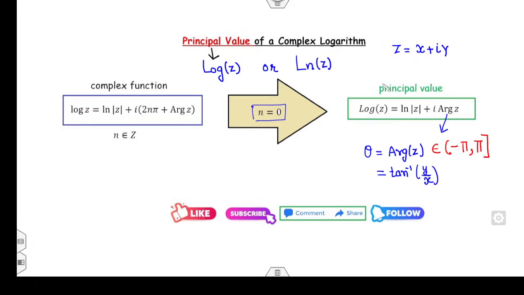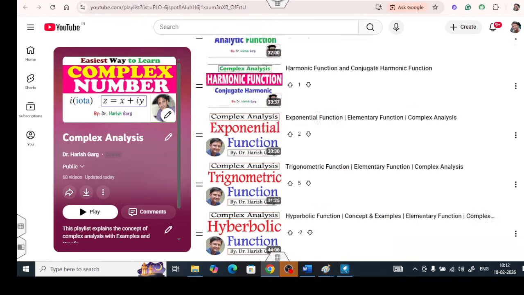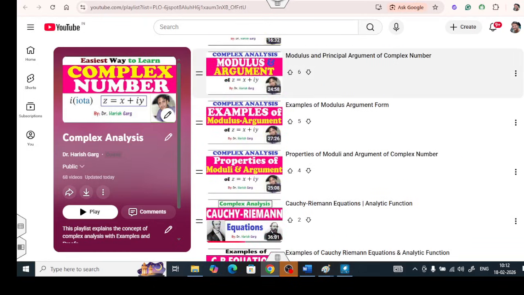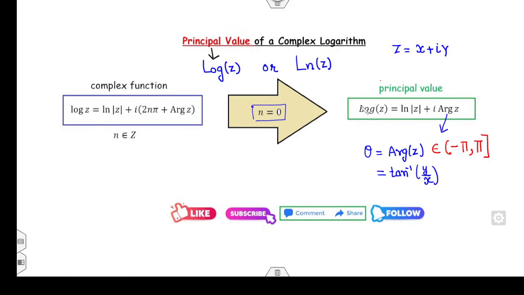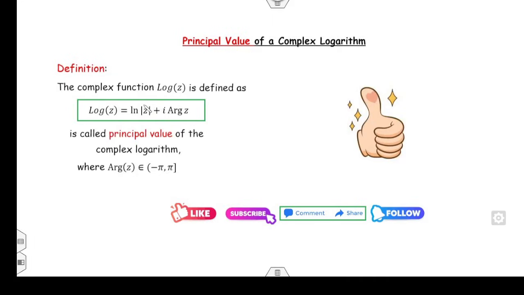For more detail about the modulus and the argument, you must watch my previous lectures, which cover the various properties, examples, and the concept of modulus and principal argument.